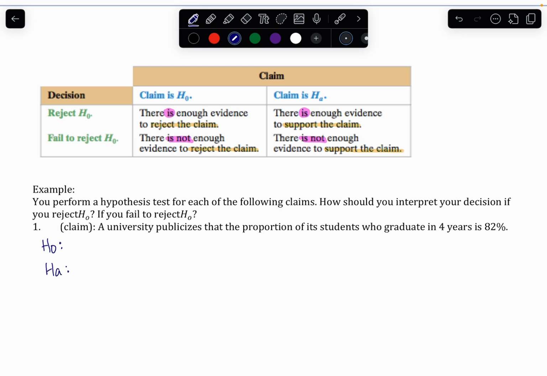Since we have "is," we know that means equals, which is going to be in your null hypothesis. So our p equals 0.82 is our claim. And then our alternative hypothesis is going to be the complement. So p is not equal to 0.82.